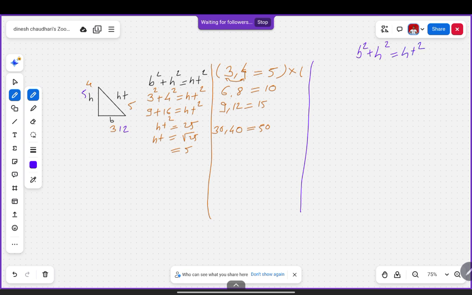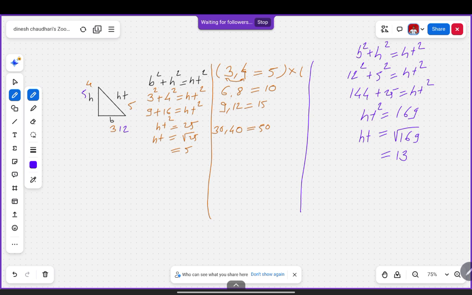Now b is 12 square and h is 5 square equals ht square. 12 square is 144 plus 5 square is 25, so 169 is the ht square. Ht square is 169, so ht will be root of 169, which equals 13.